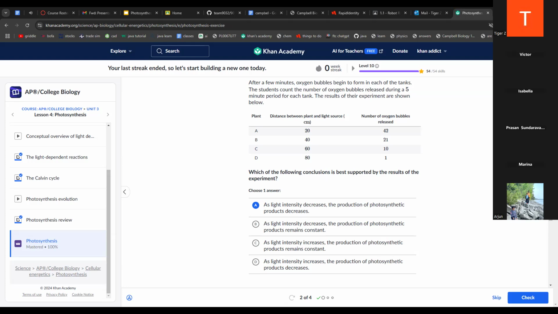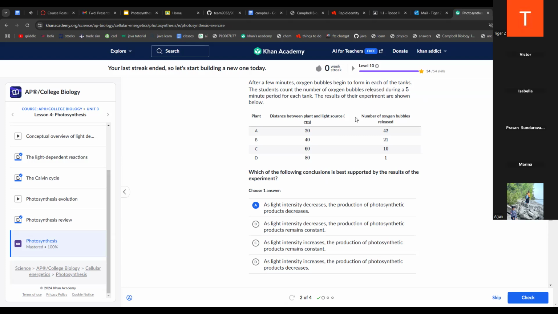Can someone give me molecular reasoning on why more light would result in more photosynthetic products? Light is one of the reactants, so the more reactants you have, the more products you would get. Okay. And where is light taken in again? Chloroplast.